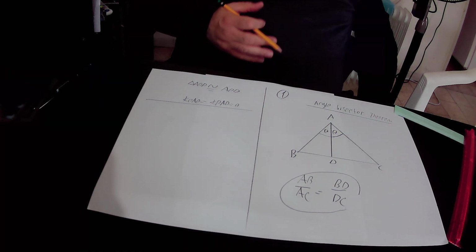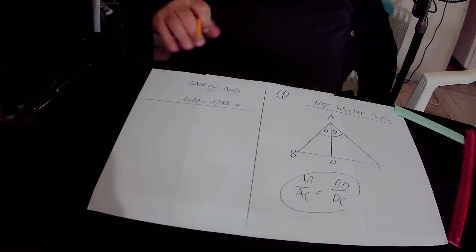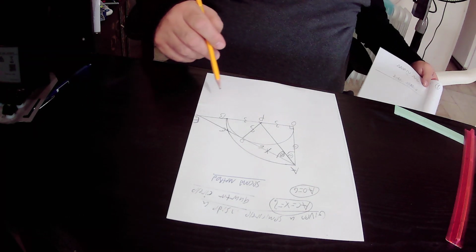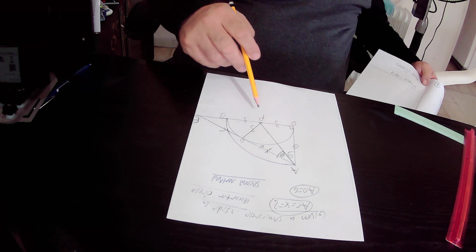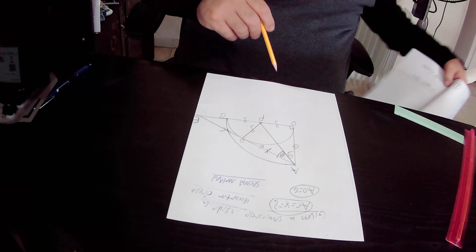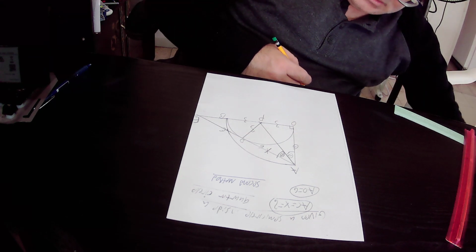So we can implement the angle bisector theorem in our right triangle AOE, because AP is the angle bisector of angle OAE. Okay?